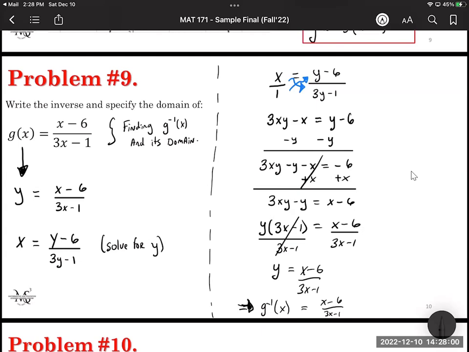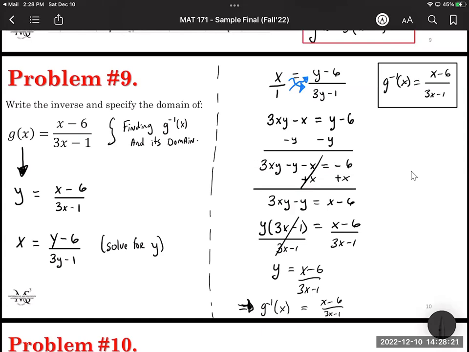So what we have is that our inverse function, g inverse of x, is equal to x minus 6 over 3x minus 1. Okay, so if you want to find the domain of our inverse, you just got to set the denominator equal to 0 to figure out the problematic input.